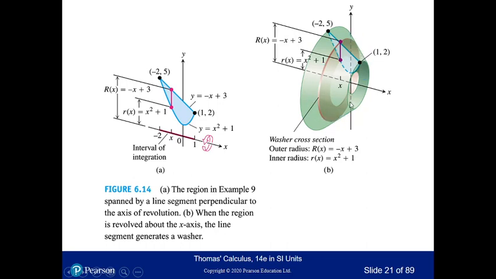We have millions of such washers on top of each other, and then we get the whole picture afterwards. So outer radius R of x is negative x plus 3, inner radius is little r of x, x squared plus 1, and then we get the volume by taking the squares of these radii, multiplying with pi, and then integrating from a to b. But what's our a to b? Negative 2 to 1, the x values.